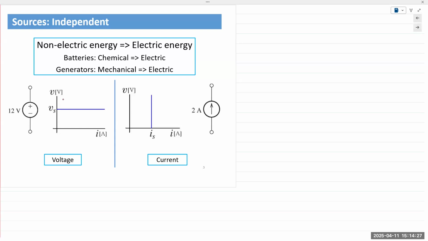So the difference is, by its very definition, a voltage source will supply its rated quantity irrespective of the current requirement. A voltage source will supply its rated voltage irrespective of the load, irrespective of the current requirements. It'll keep the voltage constant.